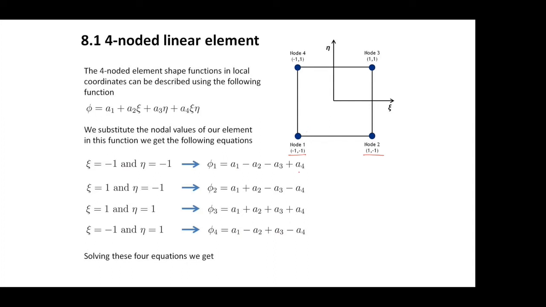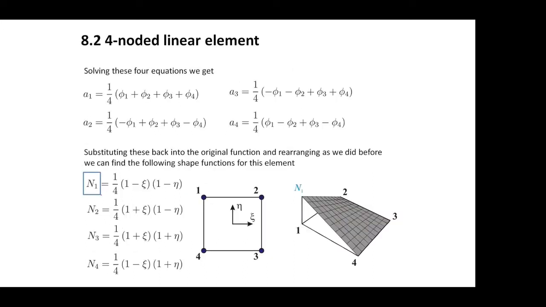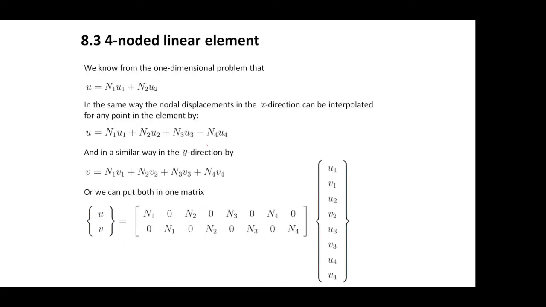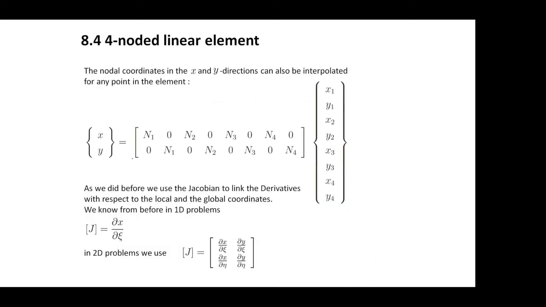And you'll see that this is done exactly the same way like I did it in the 1-dimensional case, and also I did it for the triangular element. You'll see that first we have the shape functions n1, n2, n3, and n4. And then we have the displacement written in terms of the shape functions and the displacement vector. The same is also done for the coordinates.